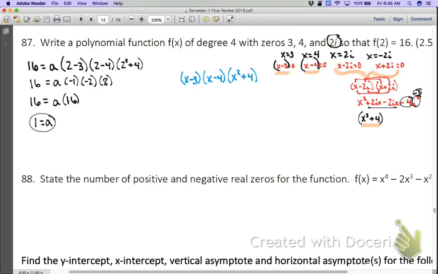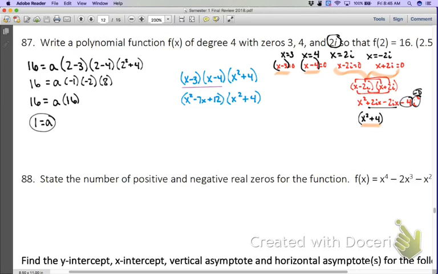The thing that I would tell you is do 2 at a time. So for me, I'm going to do these two first and have x squared minus 7x plus 12. I'm going to take those two and then multiply with x squared plus 4.